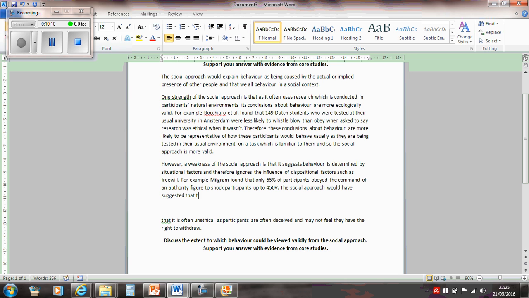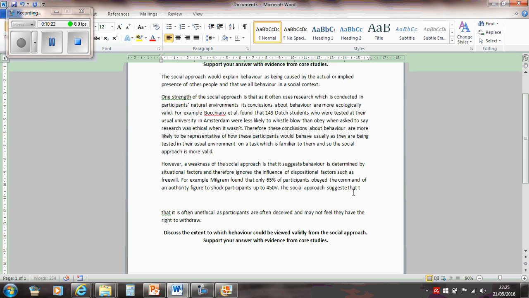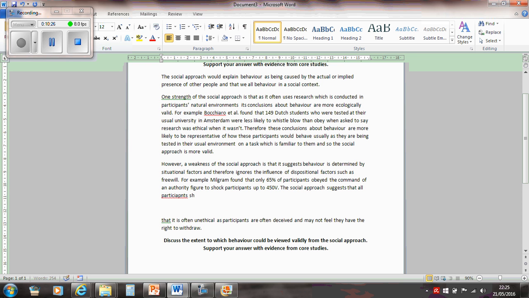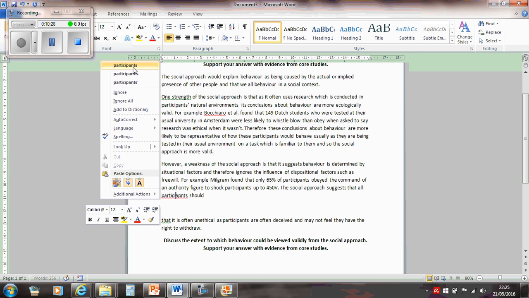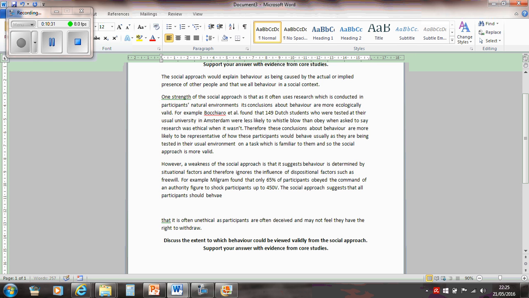That straightforward social approach suggests that all participants should behave in the same way as they are all in the same controlled setting.